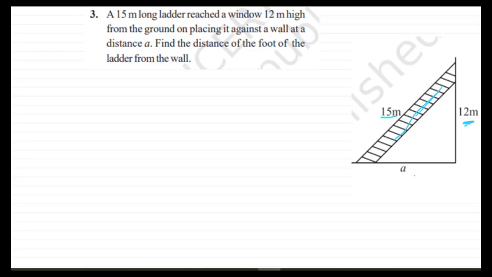So here as you can see, this angle will be 90 degrees. So here again we will use the Pythagoras theorem, that is hypotenuse square is equals to perpendicular square plus base square. So here you can see hypotenuse is 15 square. Okay, and then your perpendicular is 12 square, so you have to find out A square.